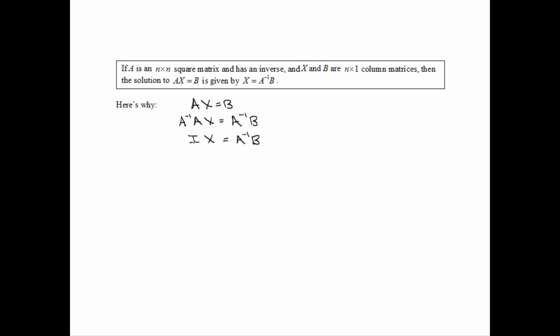When we multiply the identity matrix I times x, what do we get? We get x. That's the definition of the identity of an operation. When you perform the operation, the identity times x, the original x remains unchanged. That's why we call it the identity.